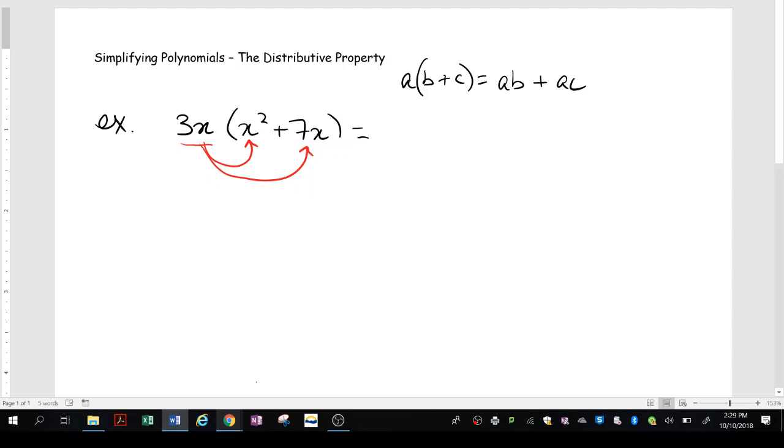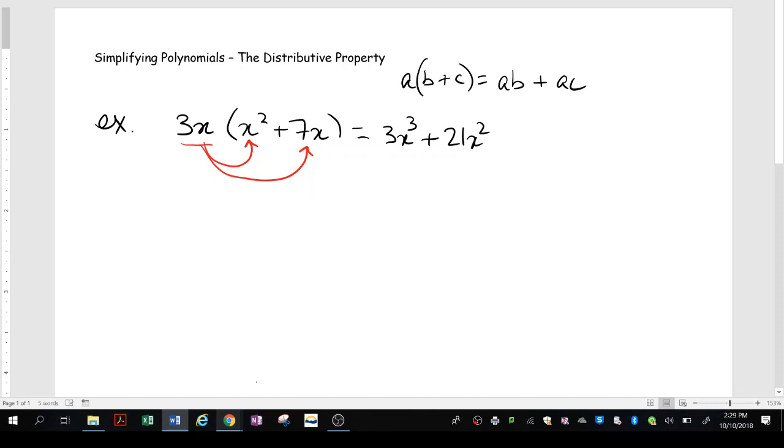So let's do this first part, 3x times x squared. That gives us 3x cubed. Now we're going to take 3x and multiply by 7x, and that gives us 21x squared.